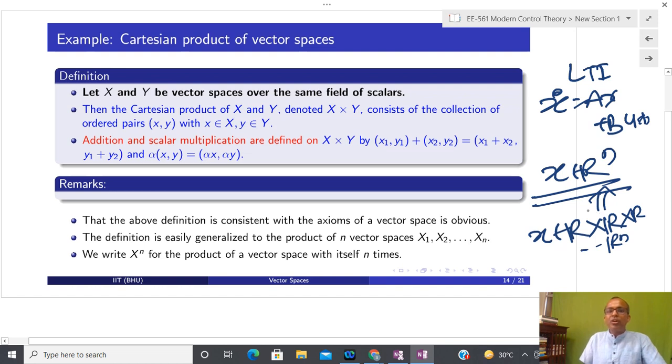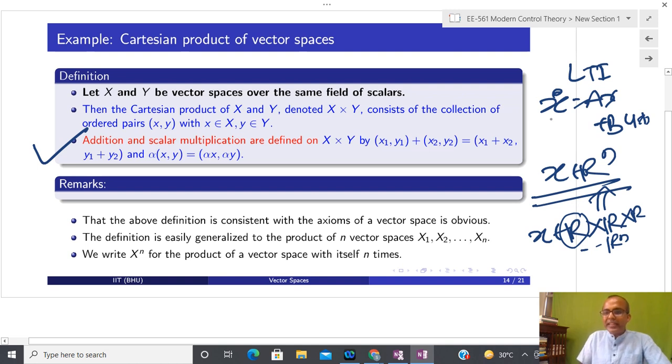Okay, so if one component is in a vector space and another component is in a vector space, because I know that real numbers form a vector space and another set of real numbers also forms a vector space, it is possible to show that if you take the Cartesian product and define addition and multiplication in this way, then again that is going to form a vector space.